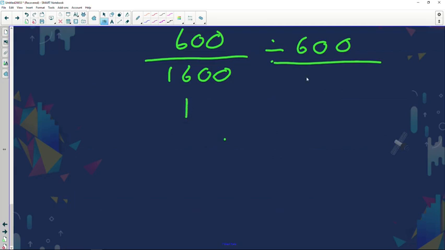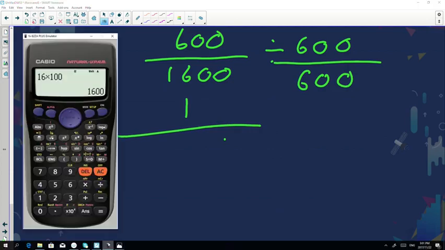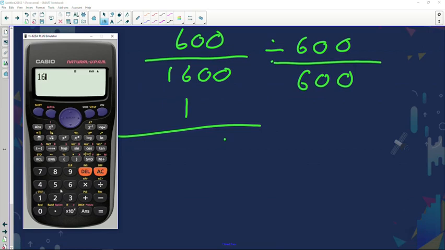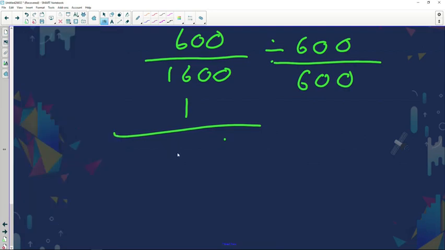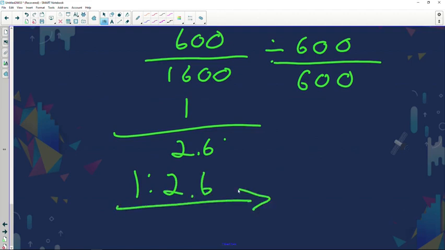And what we do on the top, we need to do on the bottom. 1,600 divided by 600. Let's quickly calculate it. It's 2.6. So that means for every 2.6 meters we walk, the gradient increases by a meter.